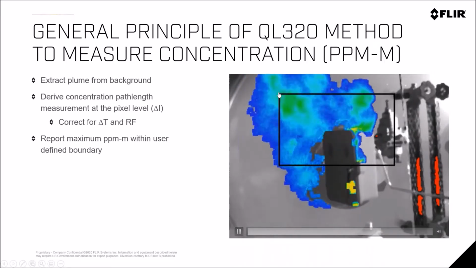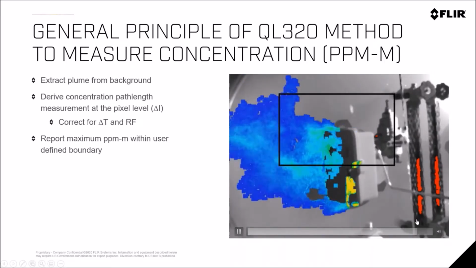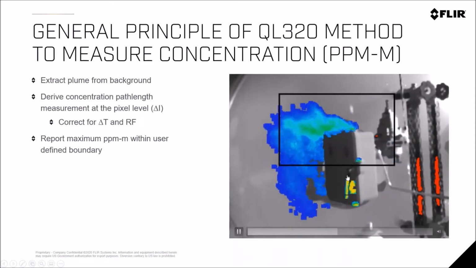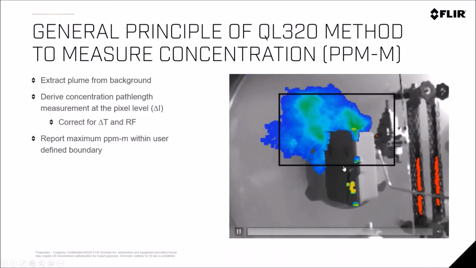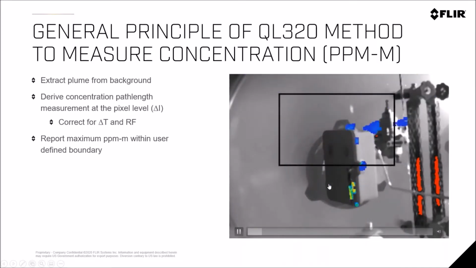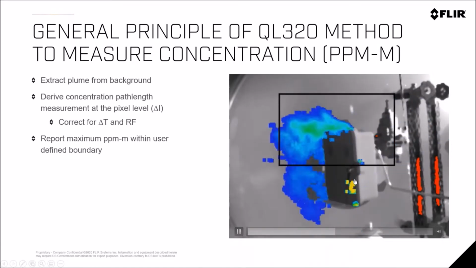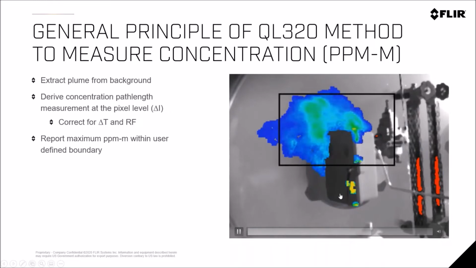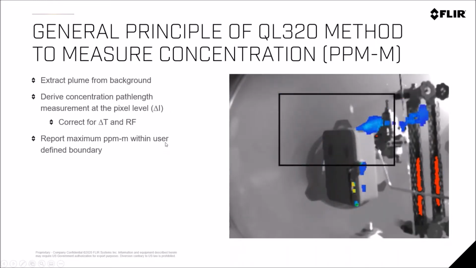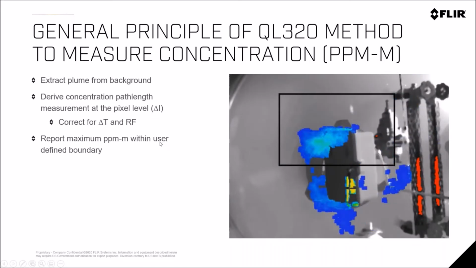If I were to make the box considerably larger, the reading would come from this hanging string from the key that's used to open this controller. You can see the yellow right here, and that's going to be the maximum intensity of this video consistently. That would be a very errant reading, which we'll get into when we talk about the tips and tricks of using the QL320.